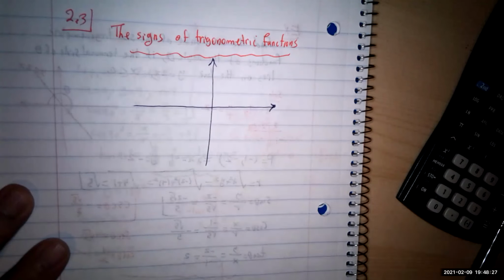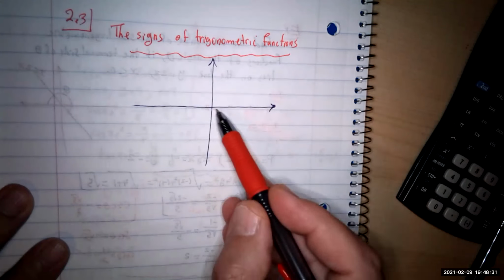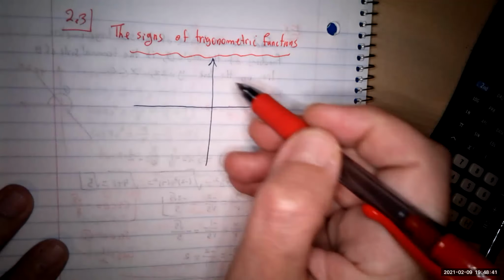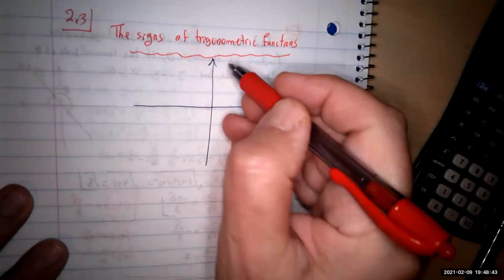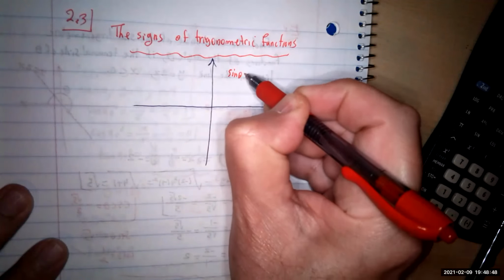So if your angle would terminate here, you see the X and the Y, both of them are positive. So remember, the sine was Y over R, the cosine was X over R. So in this case, those measurements are going to be positive. So if you are here, the sine of theta is always positive.